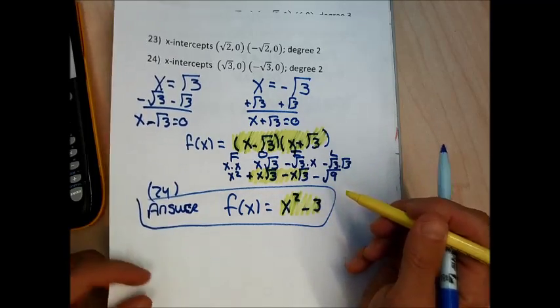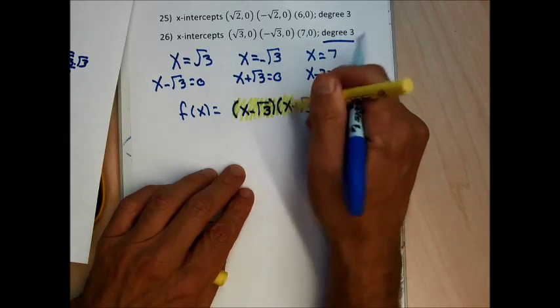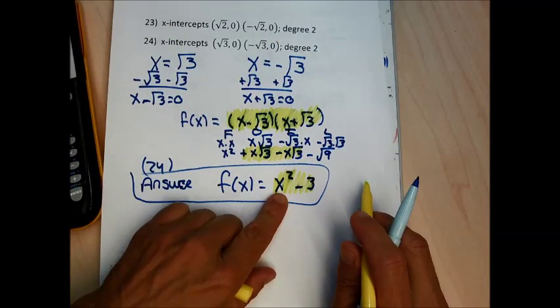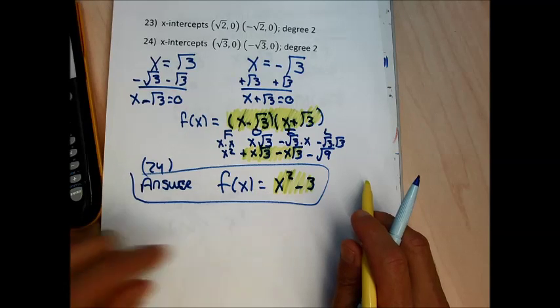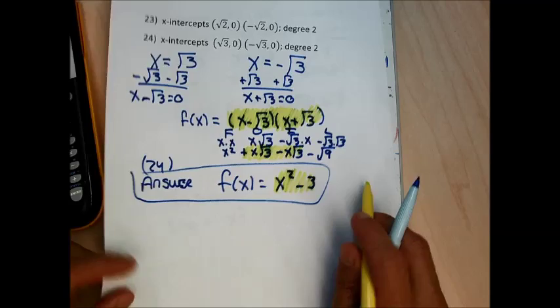Well, the first multiplication I need to do right now is x minus square root of 3 times x plus square root of 3, and I know that equals x squared minus 3. The reason I put these problems one after another is to skip the need for doing that multiplication again.